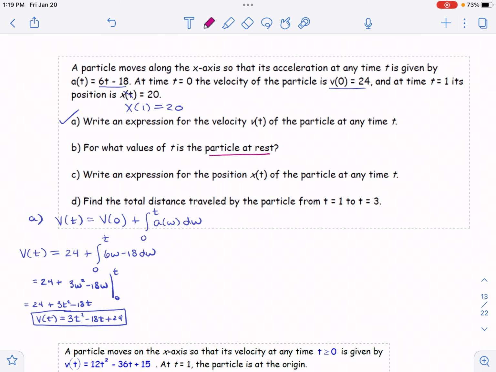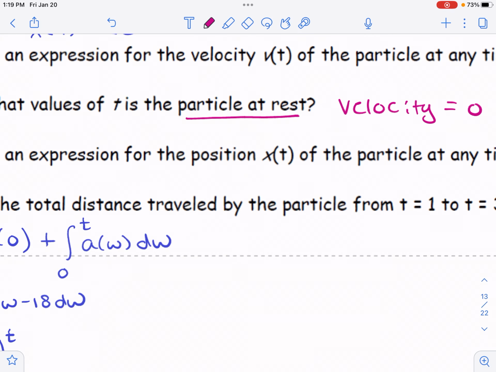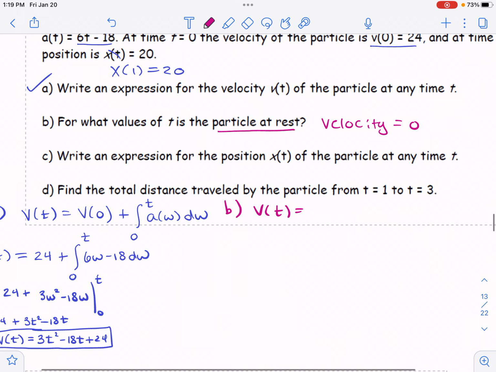So at rest means that your velocity is equal to 0. And so let's go figure out when that happens. I've just taken some time to find my velocity function. It's 3t squared minus 18t plus 24. I'm going to set that equal to 0.